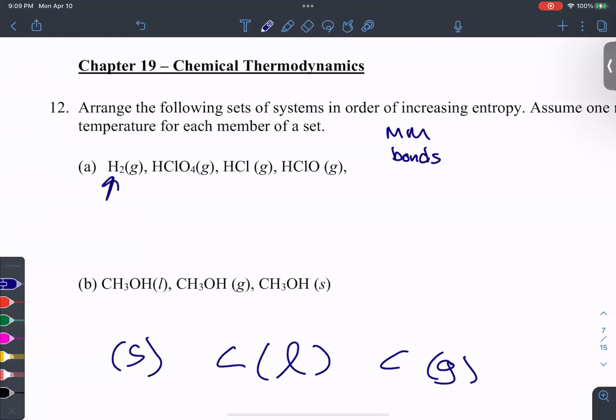But we see that hydrogen is the lightest here, so it's actually going to have the lowest entropy. If we look at these other compounds, we can just use molar mass to define all of them, and we'll see that the perchloric acid in the gas phase will have the most entropy.